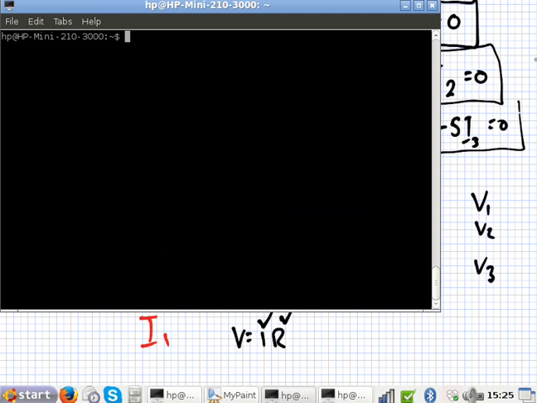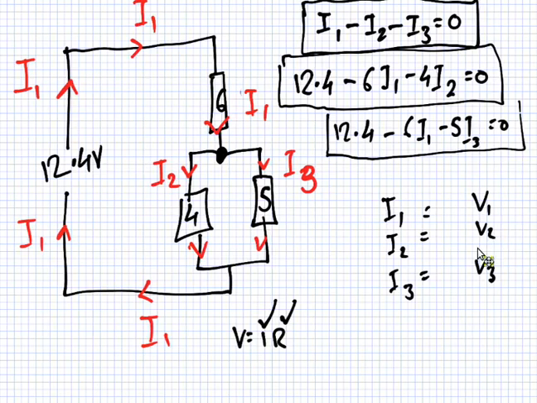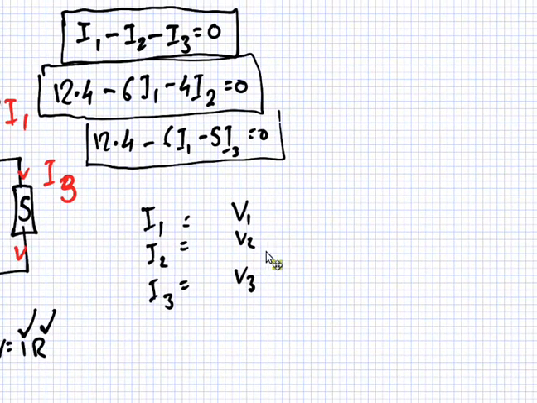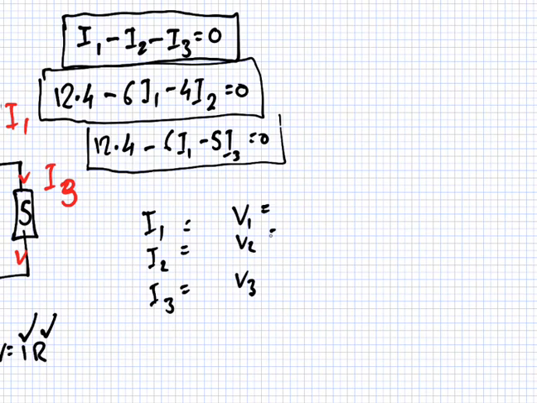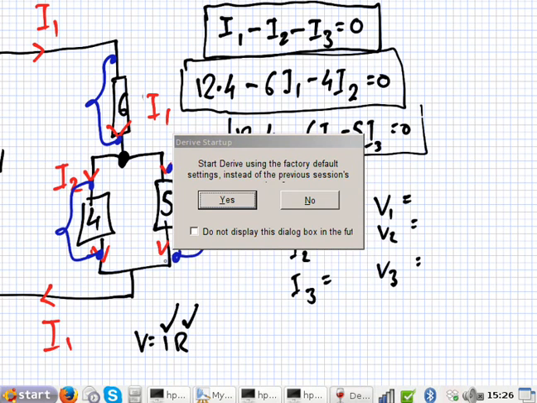Oh dear. Okay. Let me just move this over to here now. V1, V2, V3. And by V1, V2, V3, V1 is the voltage in this one, V2 is the voltage in this one, and V3 is the voltage in this one. In fact, I know V2 and V3 are the same because they're in parallel. Did you write down those equations?